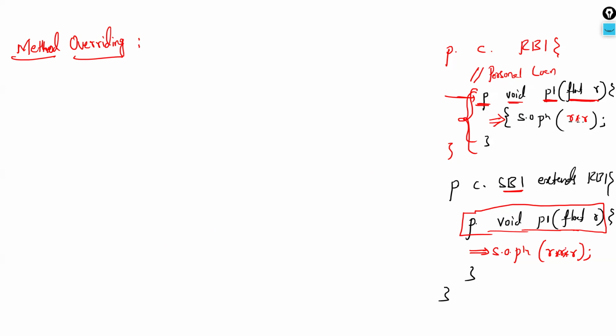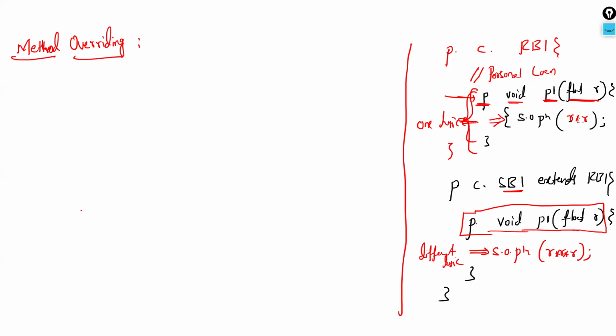Overloading is possible in the same class, but overriding must be in a parent to child relation only. We can't override in the same class. It has to be overridden from the child class itself. So here, this is one logic, and this is the different logic.